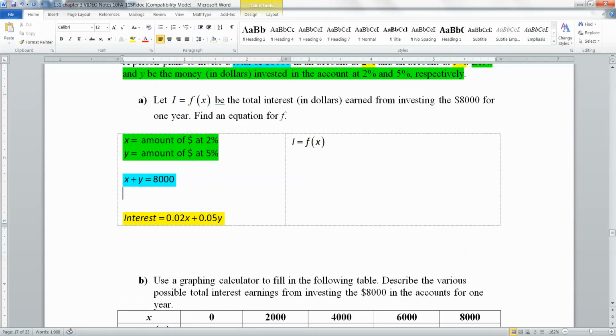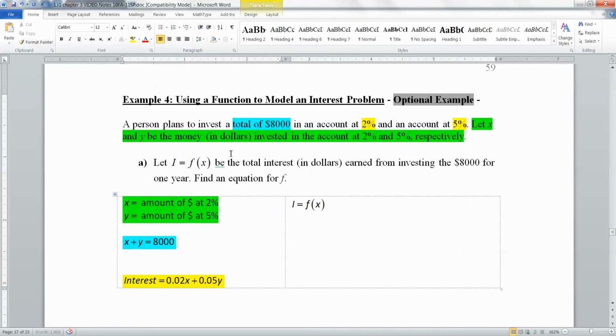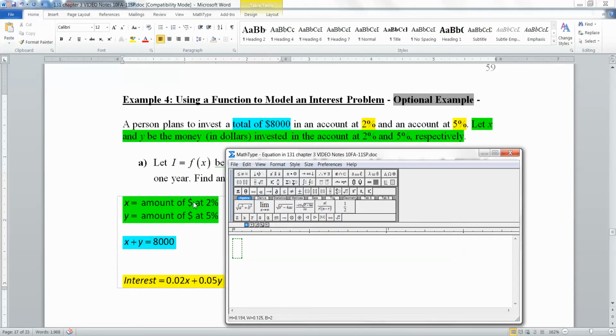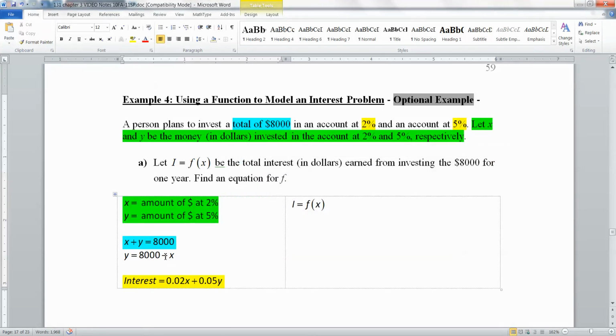Well, what you can do is take the blue equation that came from the fact that the total was 8,000, and say, okay, if x plus y is equal to 8,000, that means y is equal to 8,000 take away x. Now, why would that be something I want to do?